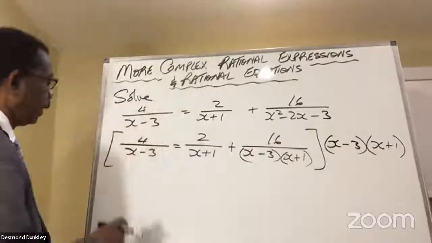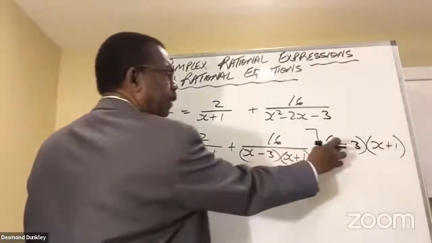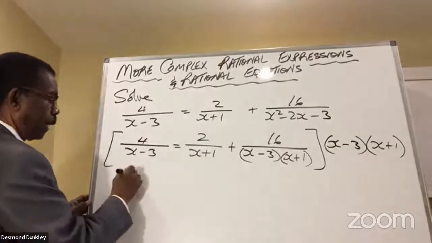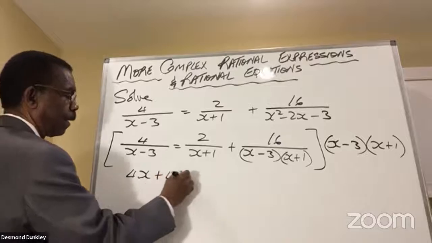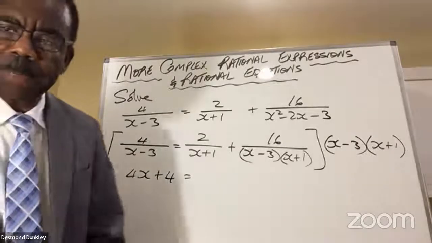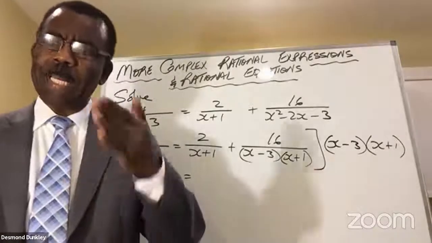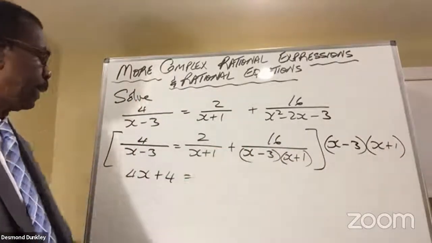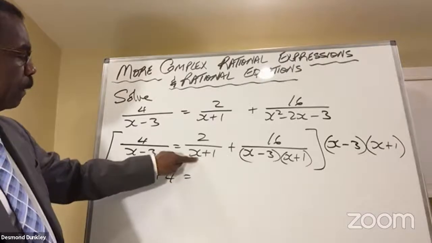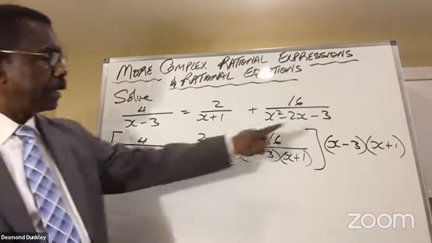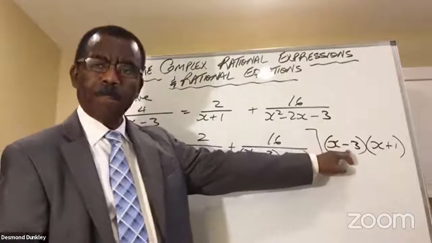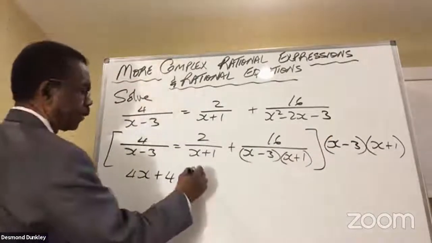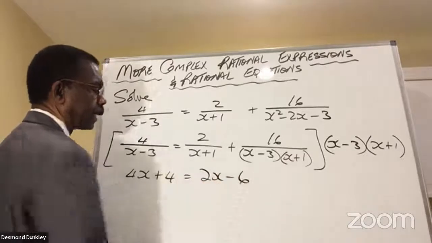Look what happens. x minus 3 cancels x minus 3, so we end up with 4x plus 4. Allow me to do the cancellation and the distribution in one step. So 4 times x plus 1 gives me 4x plus 4. Come to this one, x plus 1 cancels x plus 1, we're left with x minus 3. So it's 2 times x minus 3, giving me 2x minus 6.